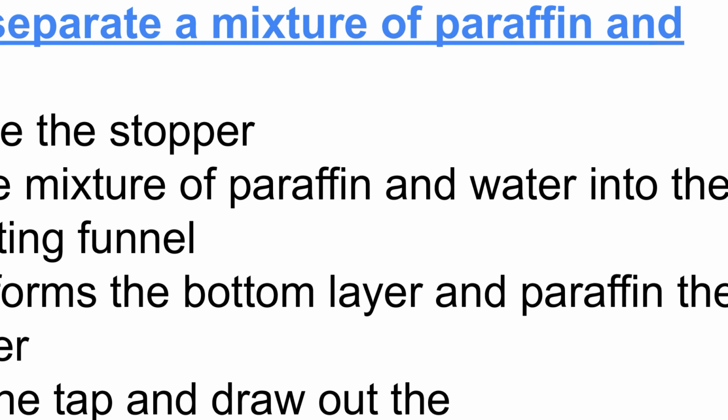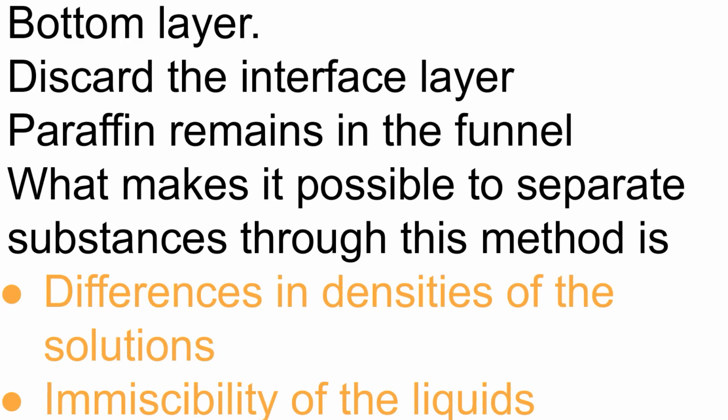Then after that, open the tap and draw out the bottom layer. Discard the interface layer. Then paraffin will remain in the funnel. So that is the right procedure in separating water and paraffin and any other two immiscible liquids.